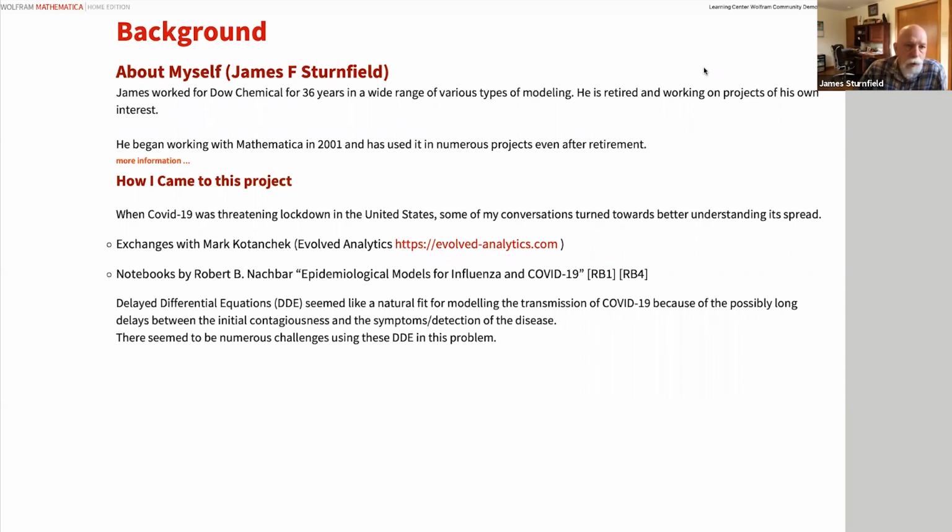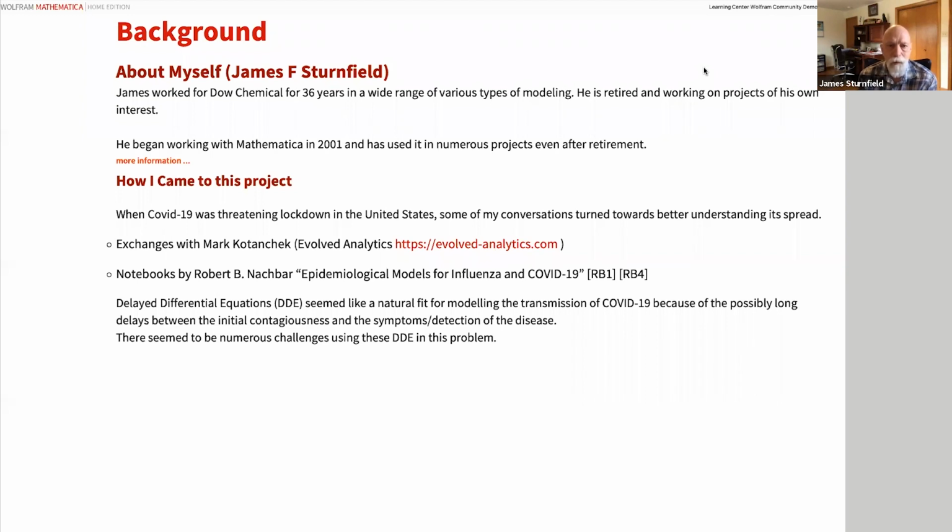Robert Nachbar posted a notebook that talked about different epidemiological models, and in there, he briefly talked about delayed differential equations and sort of dismissed them for his stuff.